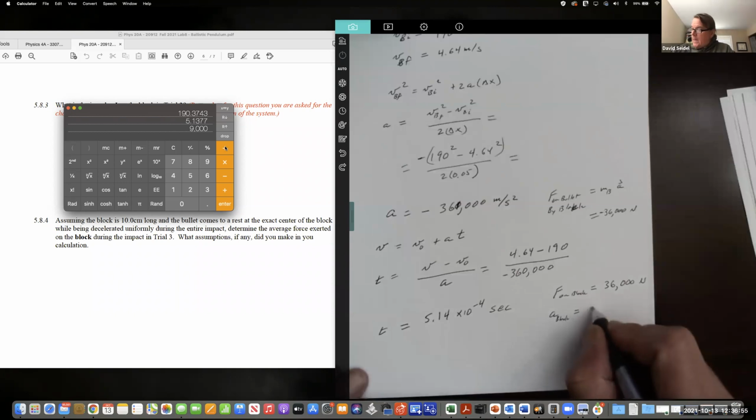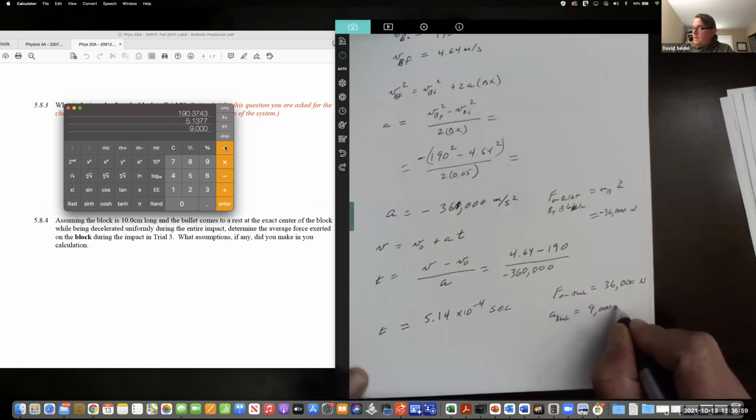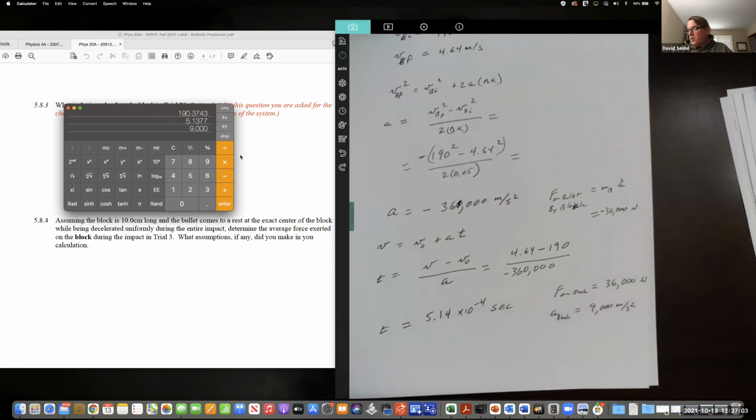So it's 9,000 meters per second squared. I'm going to multiply it by my 5.14 times 10 to the minus 4, exponent 4, change sign, times.